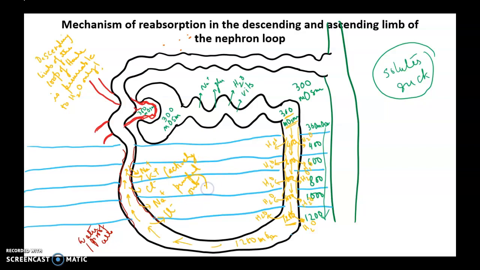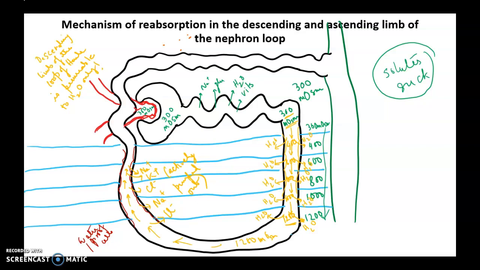Now I want you to think about this. First, in the descending limb, you lost water from the filtrate. As you lose water from the filtrate, obviously the filtrate gets more concentrated. Now as the filtrate moves up the ascending limb, it is impermeable to water, but these cells are actively pumping out salt into the interstitial space. Therefore, what is happening to the concentration of the filtrate? You are now taking out salt. So are you diluting it or concentrating it?